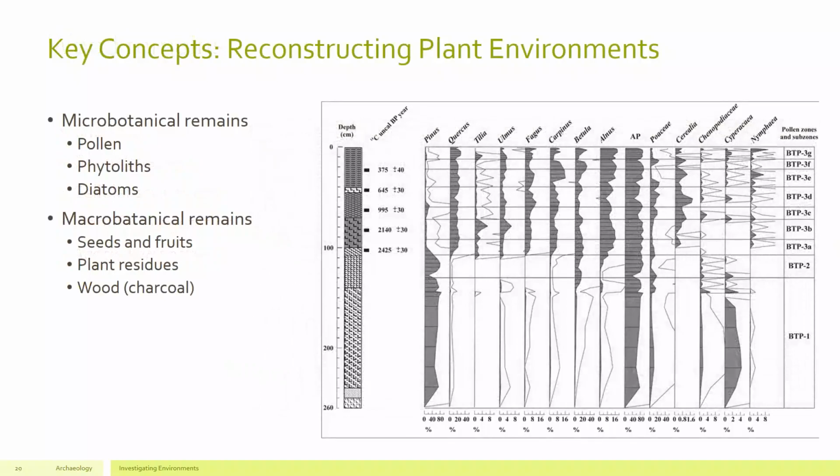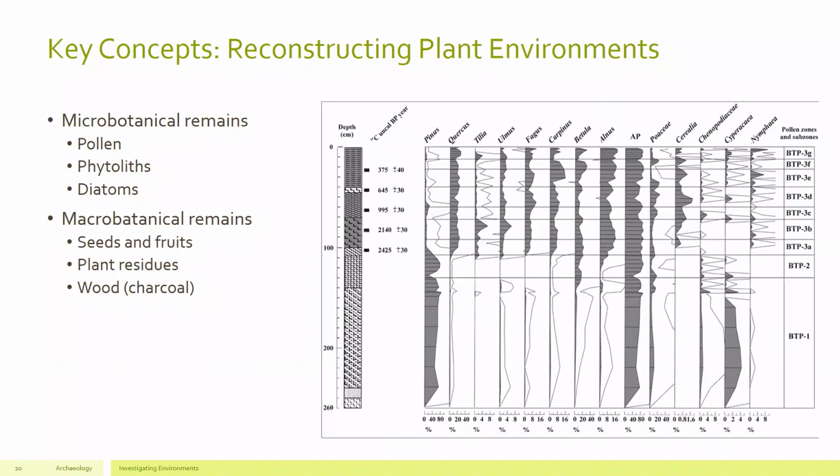So a few key concepts here that we've talked about with respect to reconstructing the plant environment. We can look at microbotanical remains such as pollen and phytoliths or diatoms, or we can look at macrobotanical remains such as seeds and fruits, plant residues, or the wood charcoal.